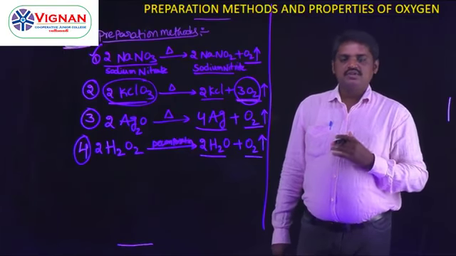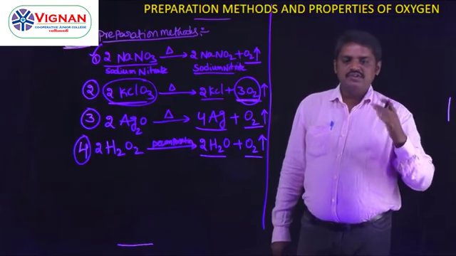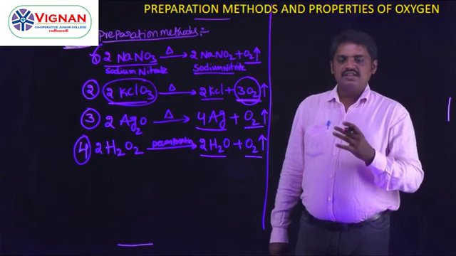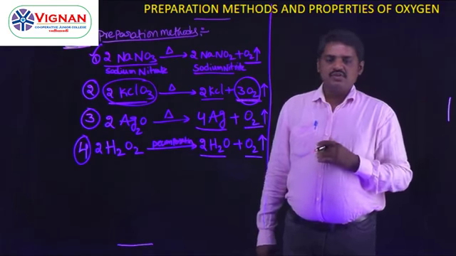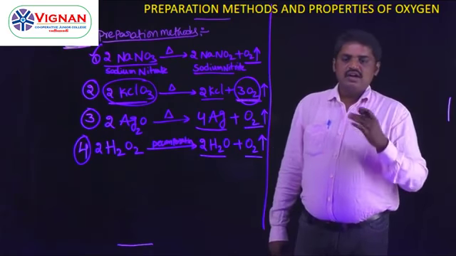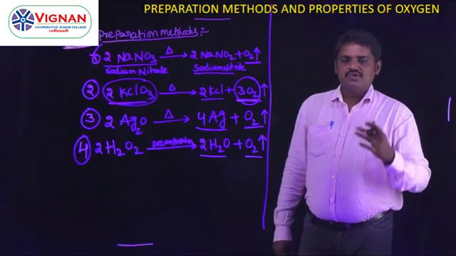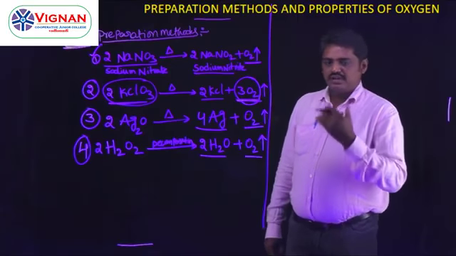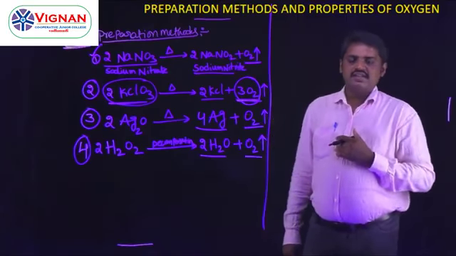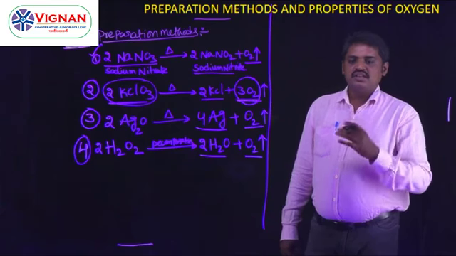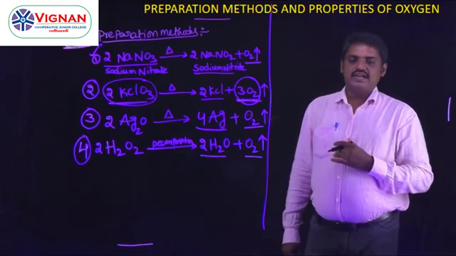For example, for the formation of sulfuric acid, dioxygen plays a very important role. And for the formation of nitric acid, that process involves dioxygen gas. So these are some important applications of dioxygen.